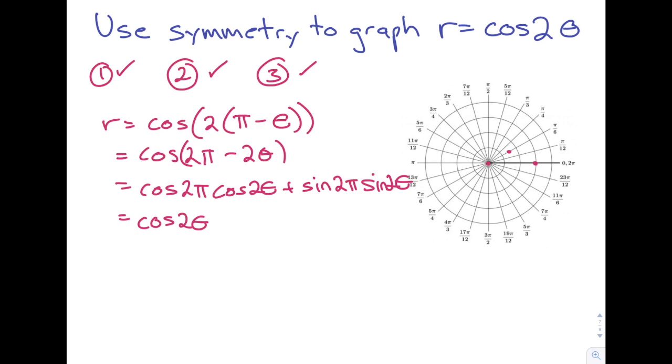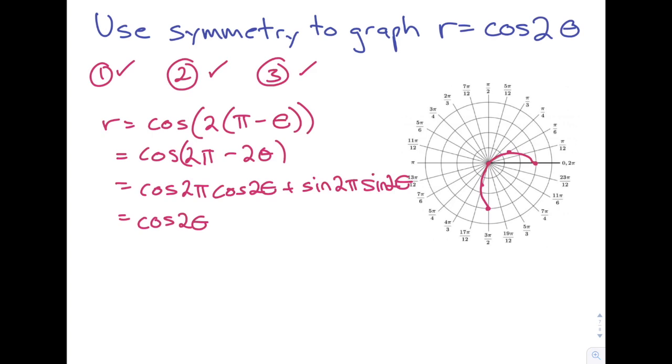As we keep going, 5 pi over 12 gives us a negative 1/2 right there, and then pi over 2 gives us negative 1. So this is the first part of the polar graph of r equals cosine 2 theta.